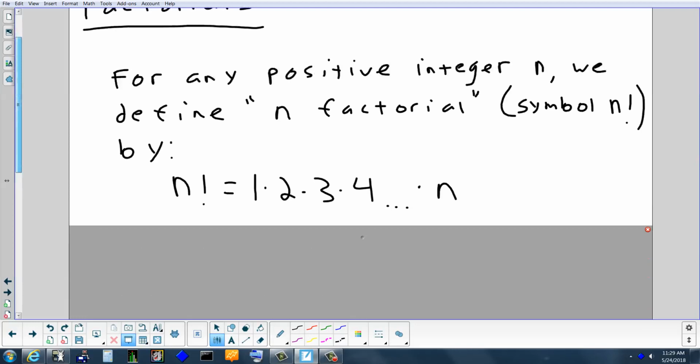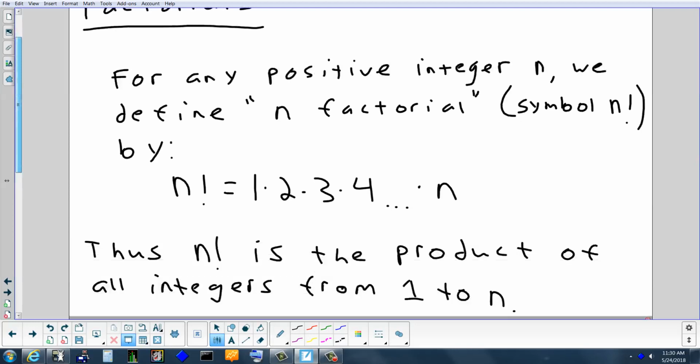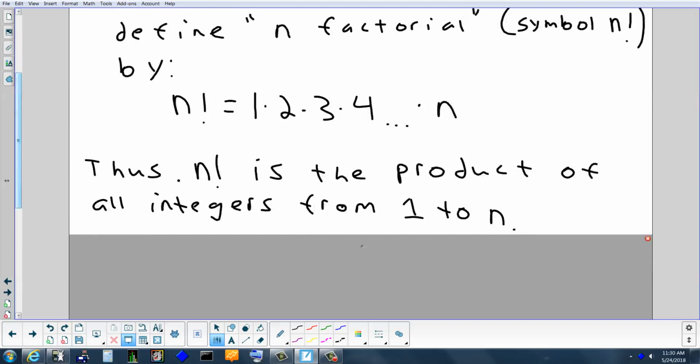The way you would pronounce this is n factorial equals 1 times 2 times 3 times 4. You get excited, exclamation point, excitement. Sorry. I'm going to do it again. Ready? So thus, n factorial is the product of all the integers from 1 to n.